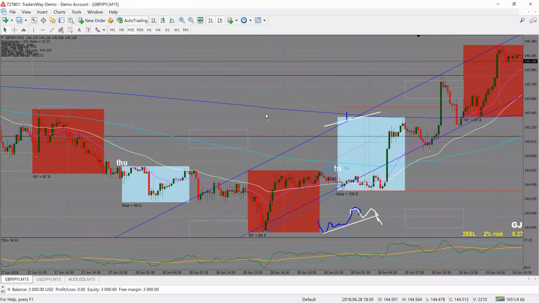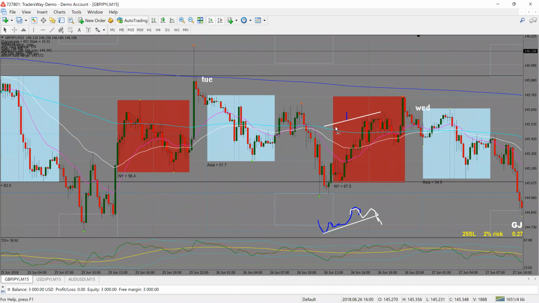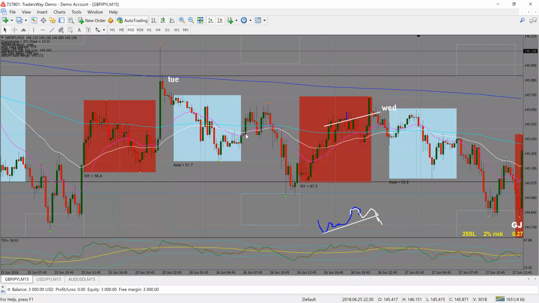So right here, where are we at? Tuesday. We're on Tuesday, right? Yeah. Okay. We're on Tuesday, so that pattern was actually right here. You guys see that? It made a bearish pattern right there.